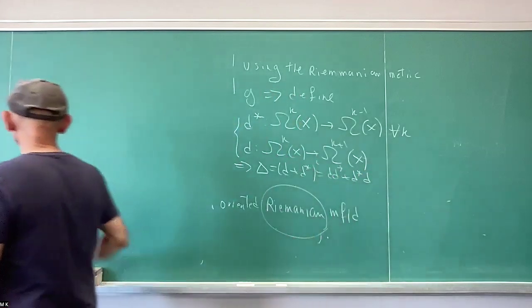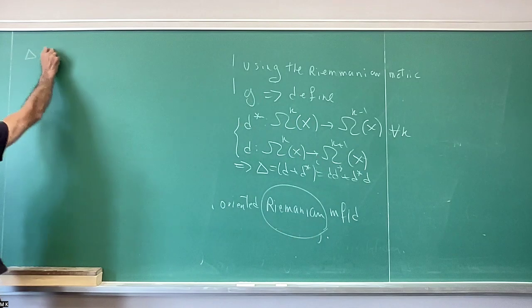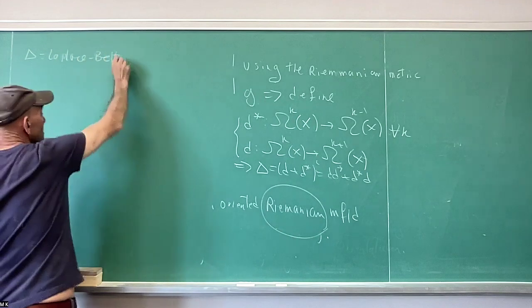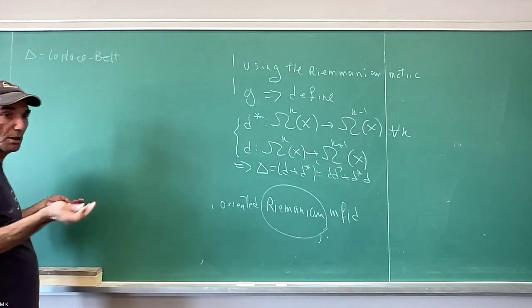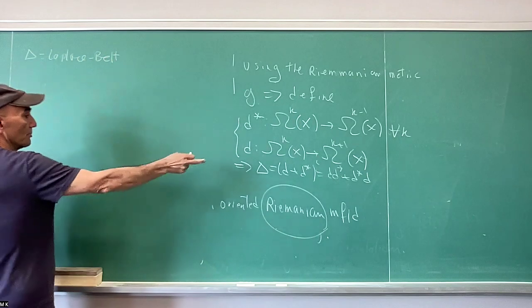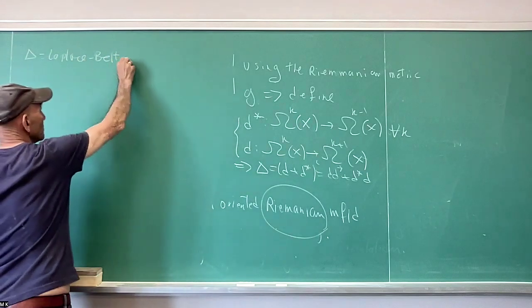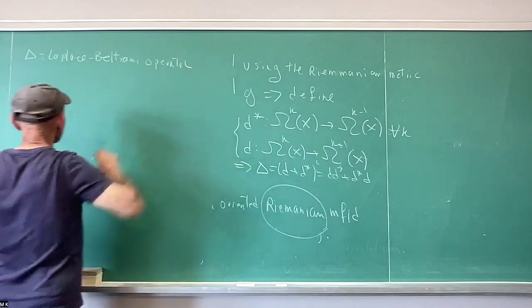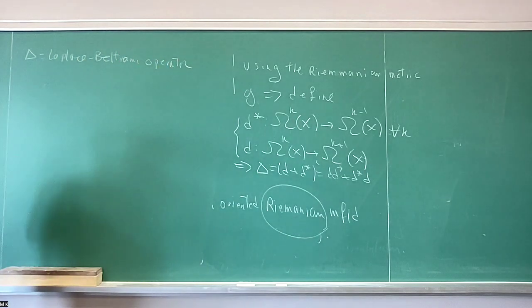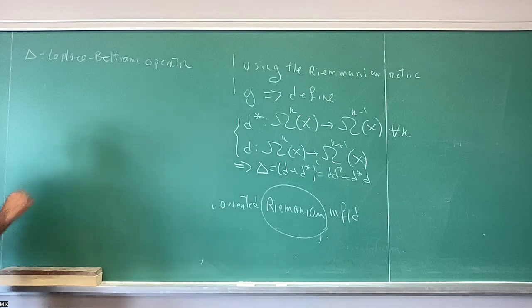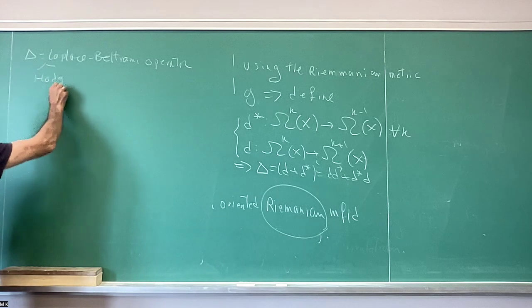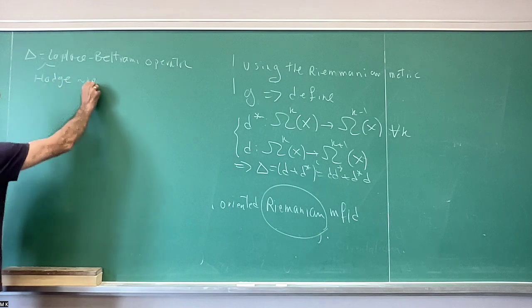Now this delta is called the Laplace-Beltrami operator because it's a generalization of the Laplacian on flat space. It's just a Riemannian generalization. Actually, I believe on the level of forms, the first person who looked at it most probably was Hodge, William Hodge, in the 1940s.